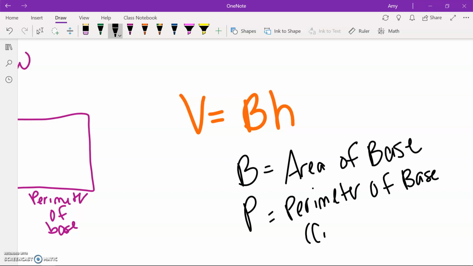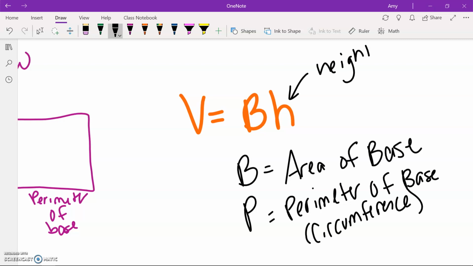If it's a circle, then that would be your circumference. And then your height, that is the height of the prism. That means that it is specifically the height between the two bases. It's the segment that connects your two bases.